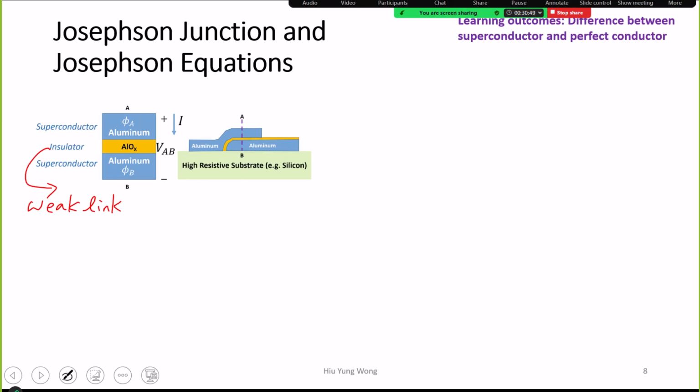Okay? But it cannot be too thin either, because of the theory we are going to use. So basically that's it. A Josephson junction is just a superconductor, insulator, superconductor, thin enough to allow quantum tunneling, but not too thin.